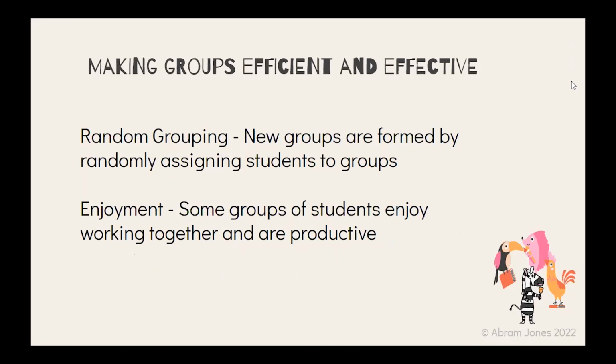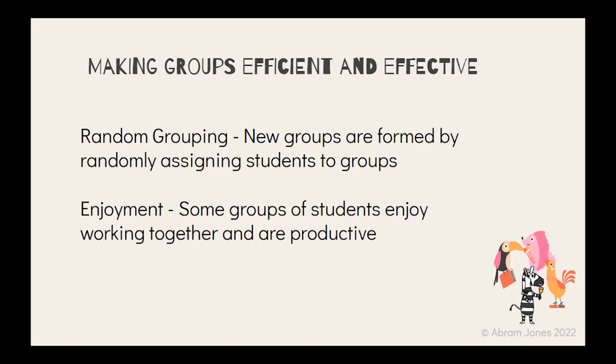All right. We mentioned earlier that we wanted to make these groups efficient and effective. Random grouping, I'm a fan. In random grouping, new groups are formed by randomly assigning students to groups. The opposite is enjoyment grouping, where we notice that some groups of students enjoy working together and are productive.